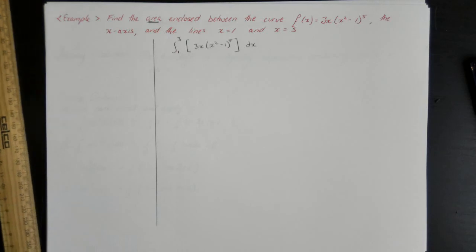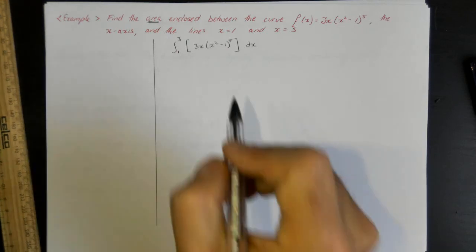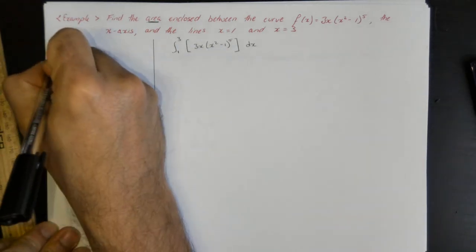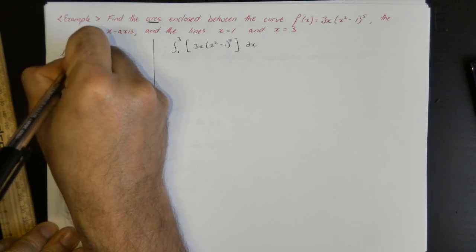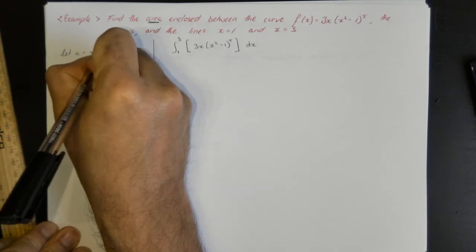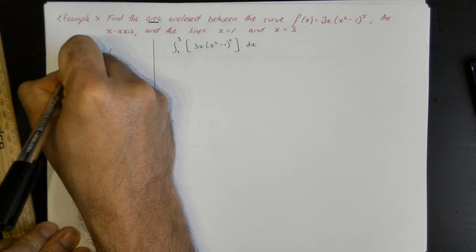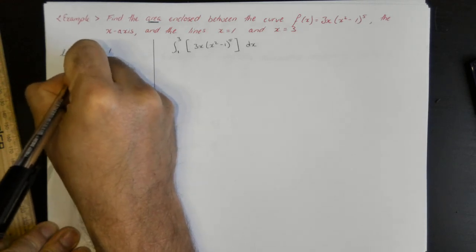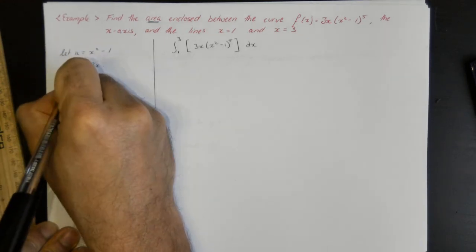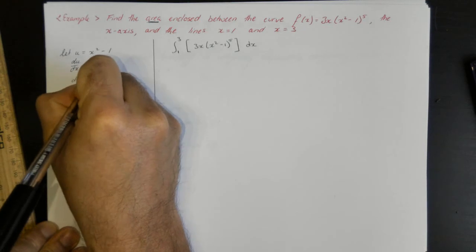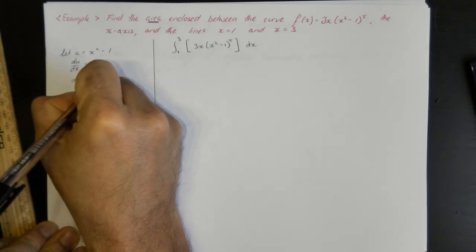So I'm going to let the inside be u equals x squared minus 1. Differentiate that, and I get 2x.